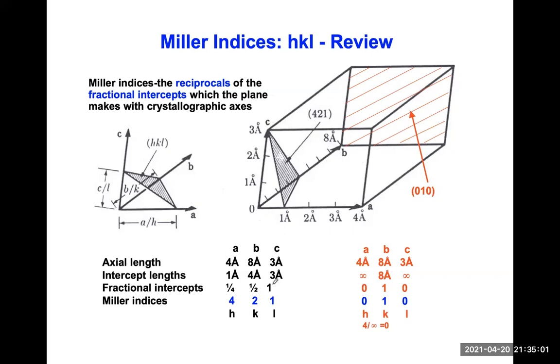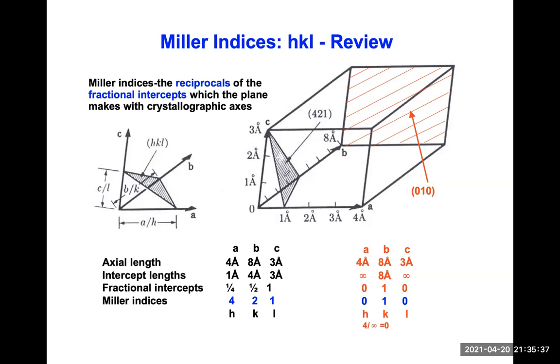HKL are what we call Miller indices, and they are the reciprocals of the intercept fractions. In order, A, B, C, the reciprocals of the fractions are 4, 2, 1. And so we can refer to this plane with its Miller indices.